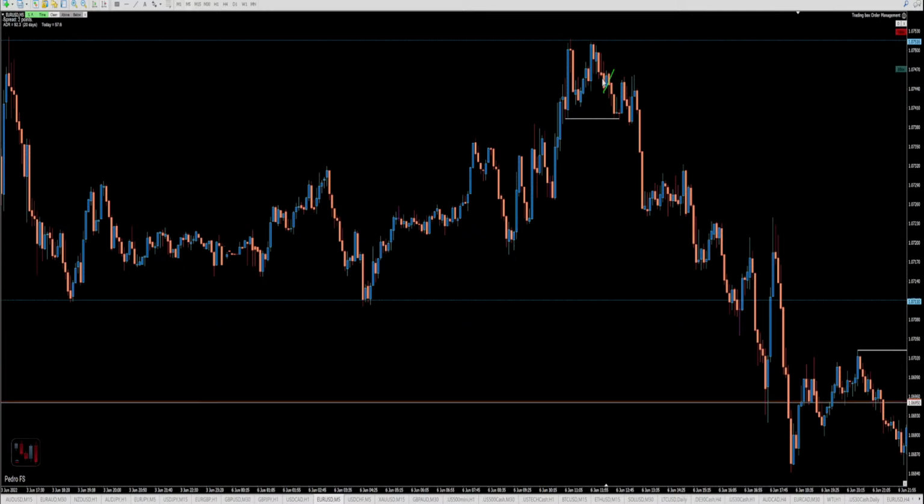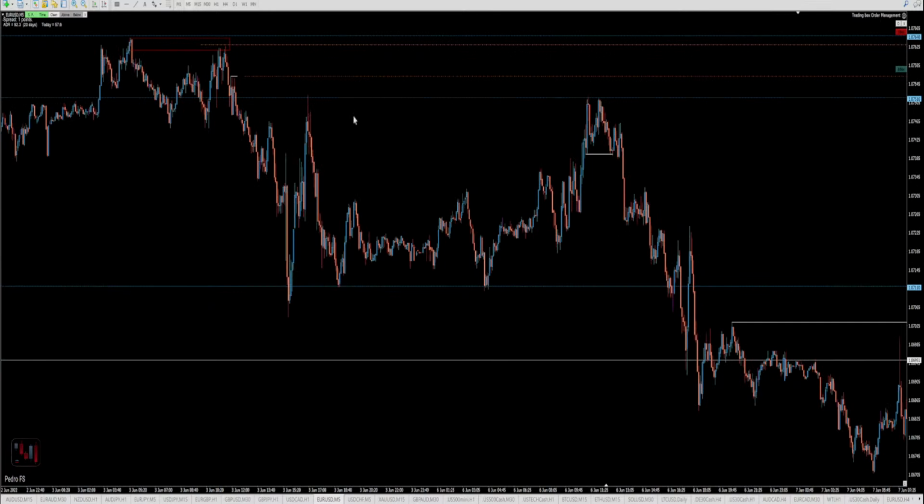So price was somewhere in here, still respecting this low. Basically, before even looking for the short, just wait for the break of the lows before joining any move to the upside, right? If this low is not broken, if there is no break of structure, if price is just creating higher highs and not breaking any lows, there is no need to even look for the short, right?